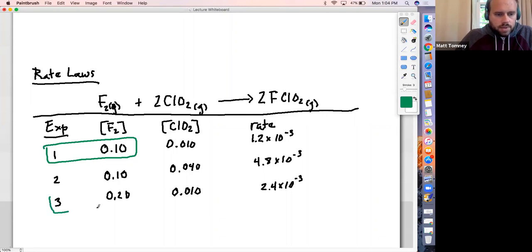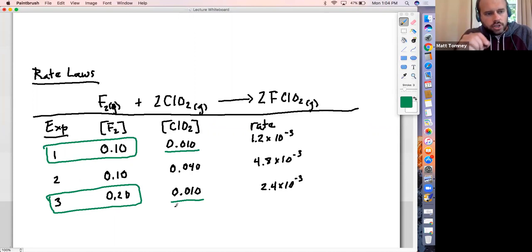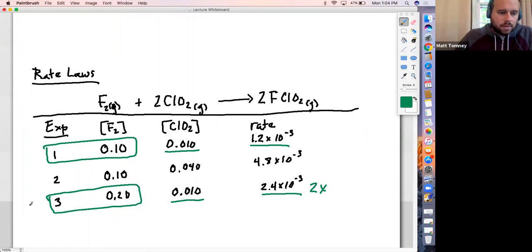I look at experiment 3, where the fluorine concentration is 0.2 molarity. Now look at the ClO2, it's held constant. So any change I see in rate between experiment 1 and experiment 3 is solely due to fluorine. So when I look at this, I see 1.2 times 10 to the minus third goes to 2.4 times 10 to the minus third. I have seen a doubling in rate when I have had a doubling in fluorine concentration.